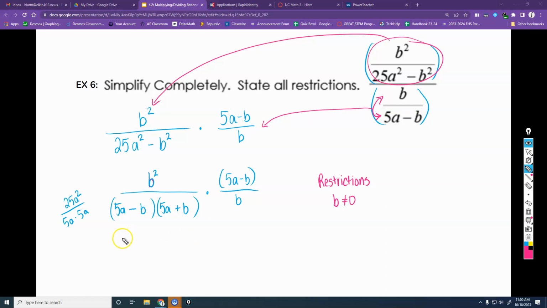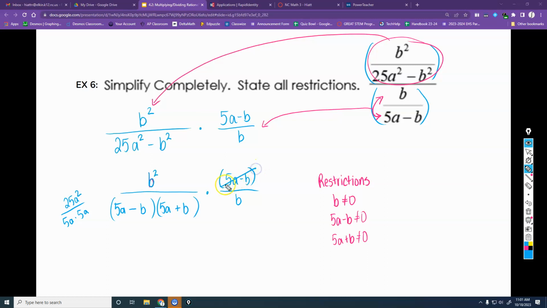You can't really say one number. So what you want to do for that is you just want to say 5a minus b cannot equal 0 and 5a plus b cannot equal 0. So just say that whole factor cannot equal 0. You can't really solve it necessarily for that.